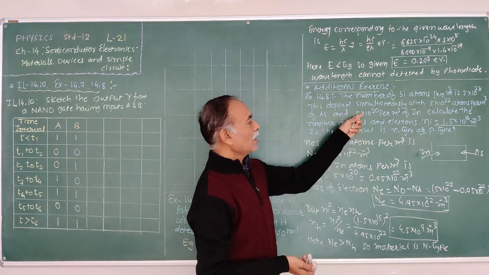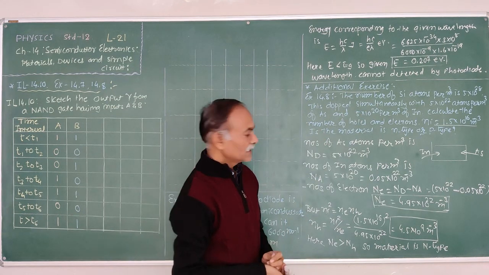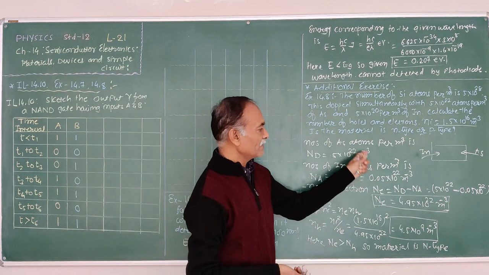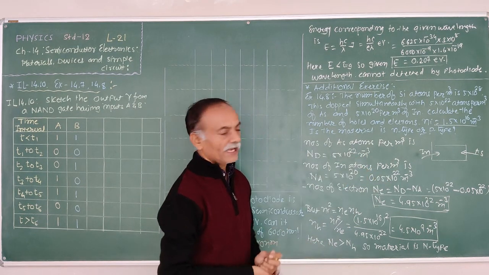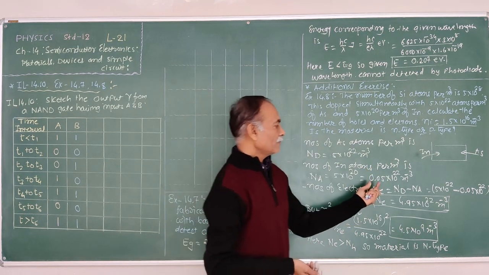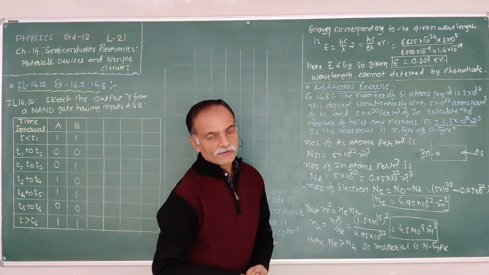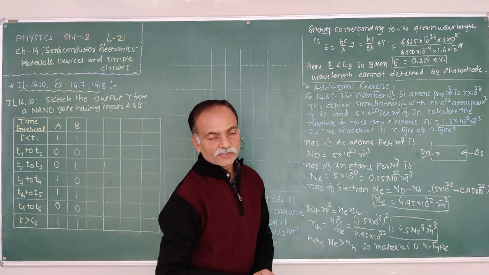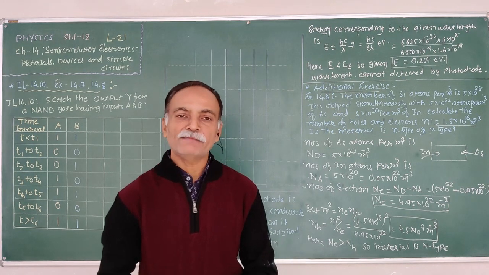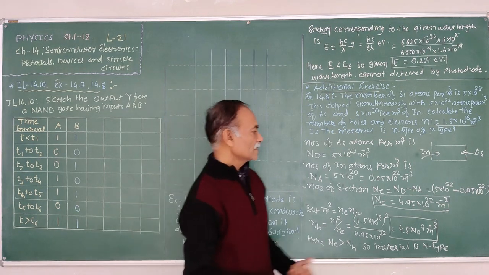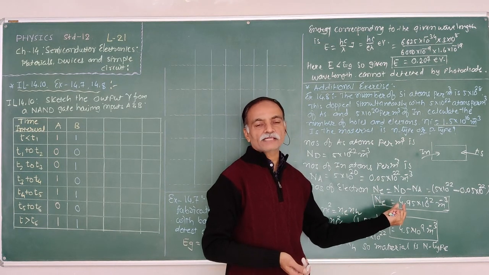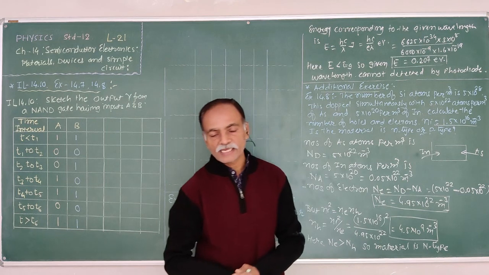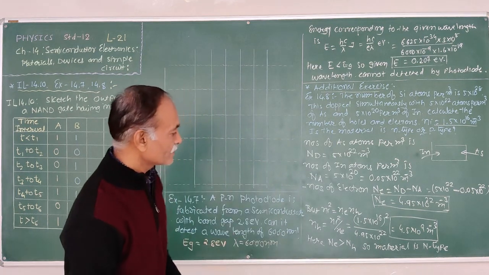And due to the adding of indium, the number of acceptor impurity atoms is 5 into 10 to the power 20, which we write in the same form as Nd, therefore 0.05 into 10 to the power 22. The number of electrons is given by the difference Nd minus Na, so that gives the number density of the electrons. Therefore Ne is 4.95 into 10 to the power 22 per meter cube.